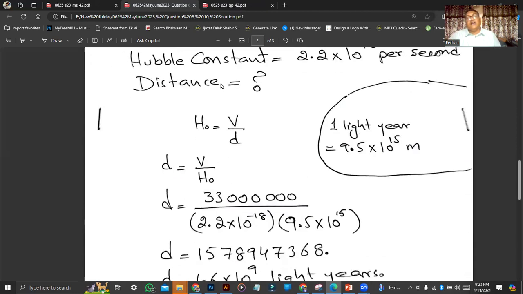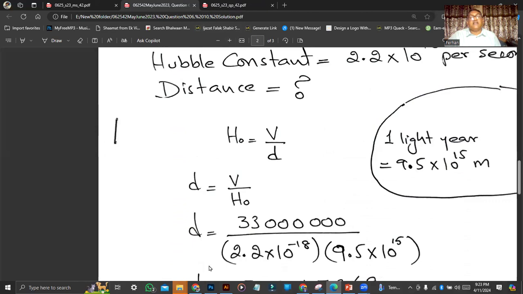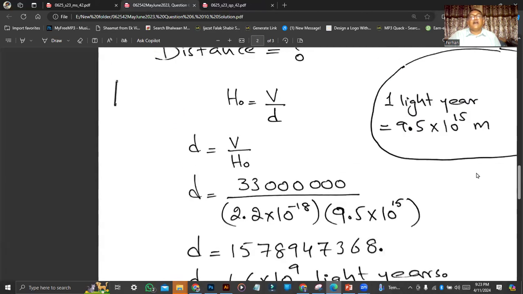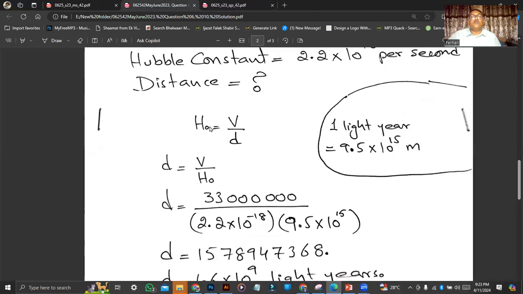The formula: the Hubble constant H naught is equal to V divided by D, where V is the speed and D is the distance.